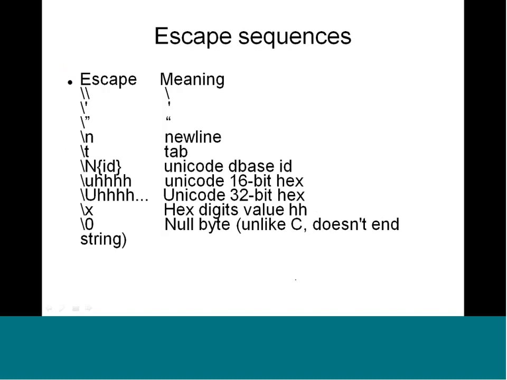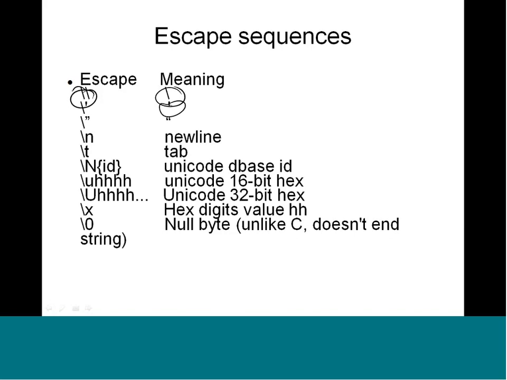Now let's look at some of the escape characters and what their meanings are. These are the escape sequences. The backslash is a very common one, and its meaning is just a backslash.